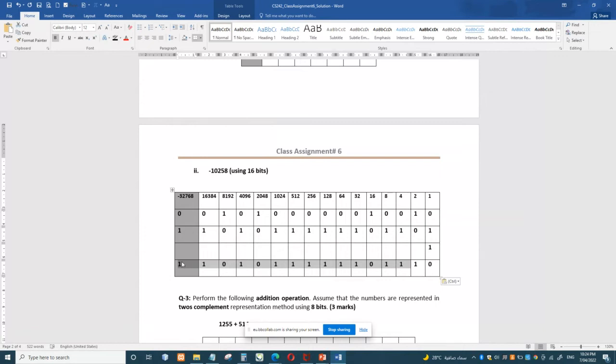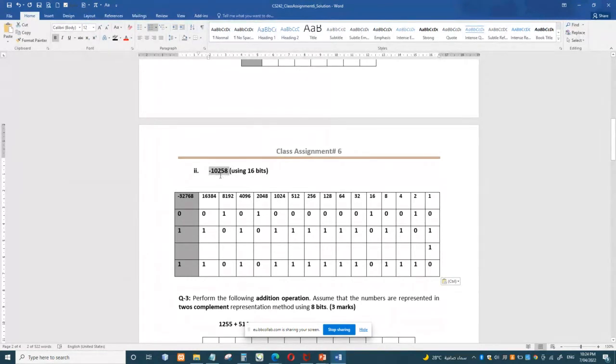You can do that, or as I told you, in case of a negative number, you take the negative positional value, which is the smallest value, and then add some positive values to make it bigger as per your requirement, as many positive values as you need to get your desired negative number.